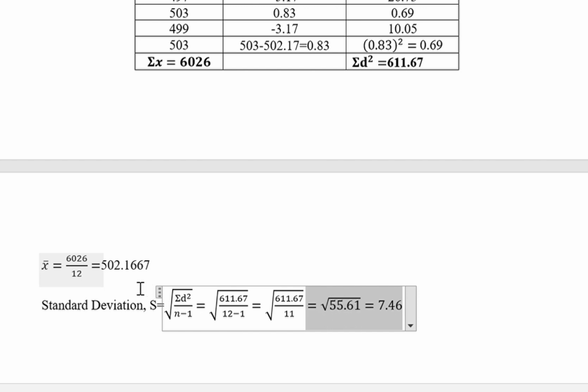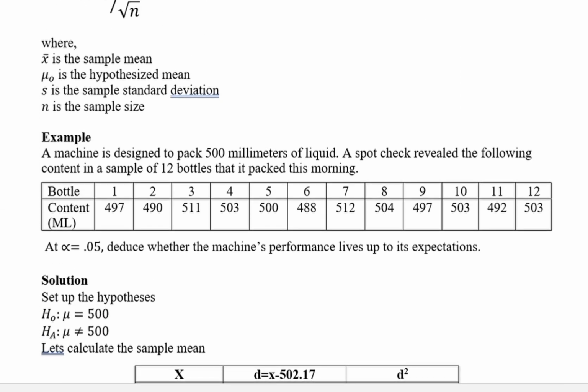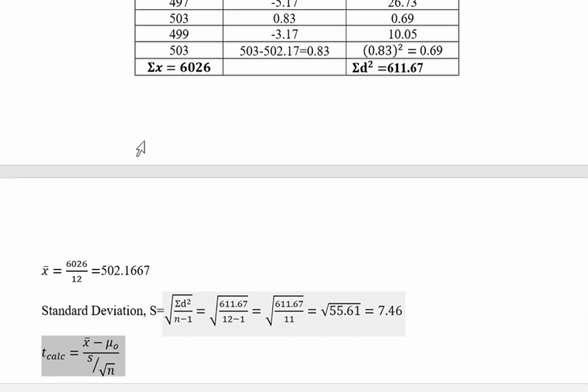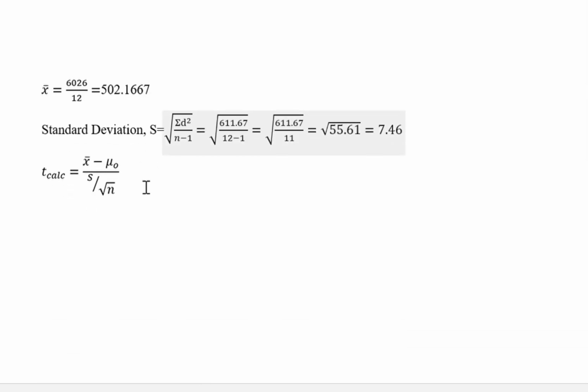So we now have the sample mean and the sample standard deviation. We shall now come up here, pick our formula for calculating the t-value, and say t-calc is equal to what we have up there. On the numerator side, we shall have x bar, this one being the value we calculated, 502.17.